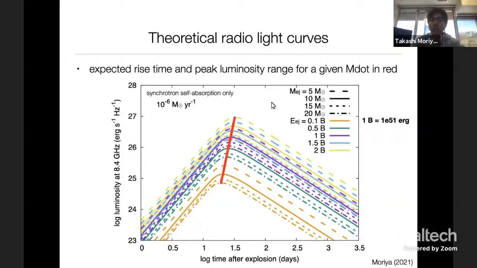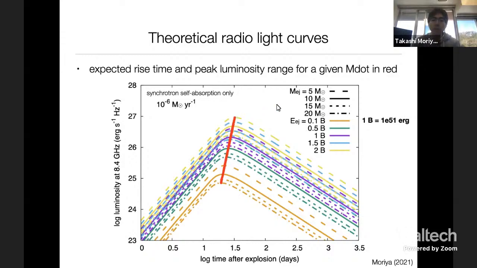And then, of course, for a single mass loss rate, the supernova properties can be quite different. So we changed the ejecta mass from 5 to 20 and the explosion energy from 10 to the 50 ergs to 2 times 10 to the 51 ergs, which is in the range of type II supernovae.